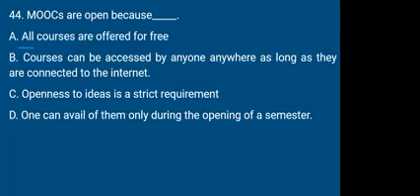Ayan. So MOOCs are open because letter A, all courses are offered for free. Letter B, all courses can be accessed by anyone, anywhere, as long as they are connected to the internet. Number 44, letter C, openness to ideas is a strict requirement.